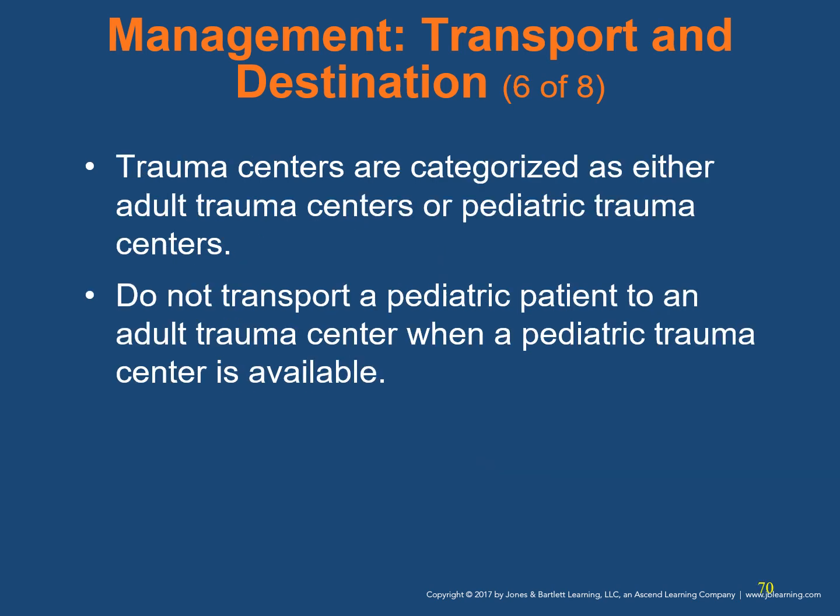Trauma centers are characterized as either adult trauma centers or pediatric trauma centers, but not necessarily both. Pediatric trauma centers are not nearly as common. Do not make the mistake of transporting a pediatric patient to an adult trauma center when a pediatric trauma center is available.